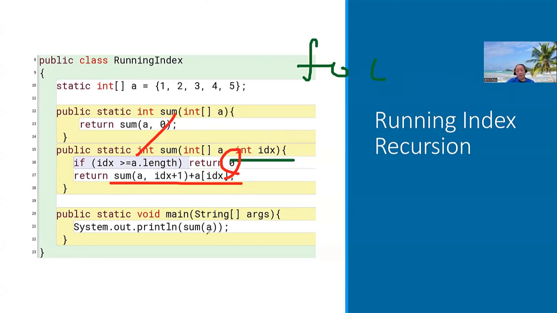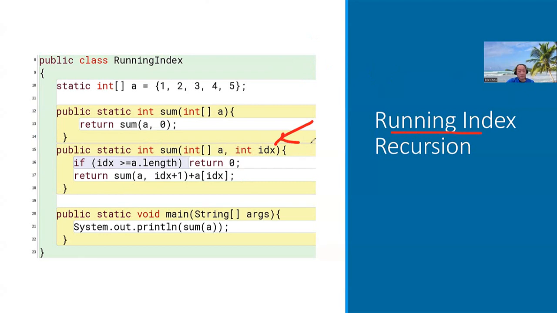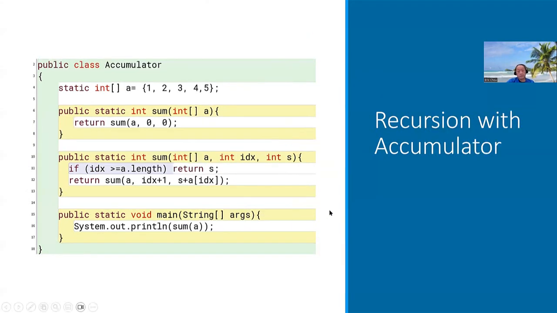And your for loop body is right here. Okay, this one is iteration with index. So sometimes recursion with index, sometimes recursion with accumulator, sometimes you have recursion with index and accumulator both.